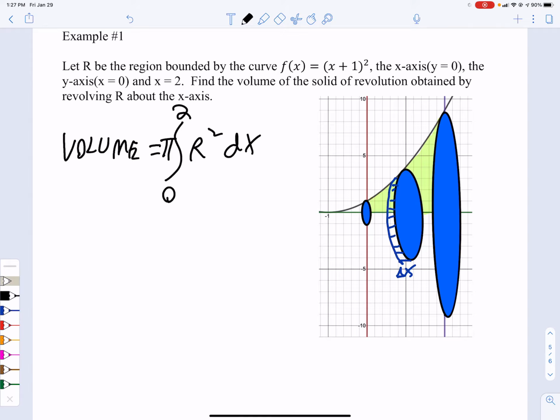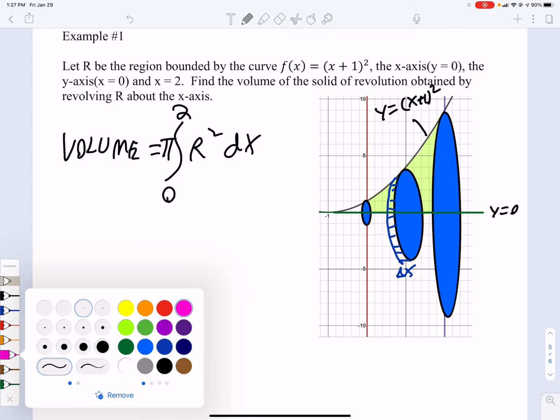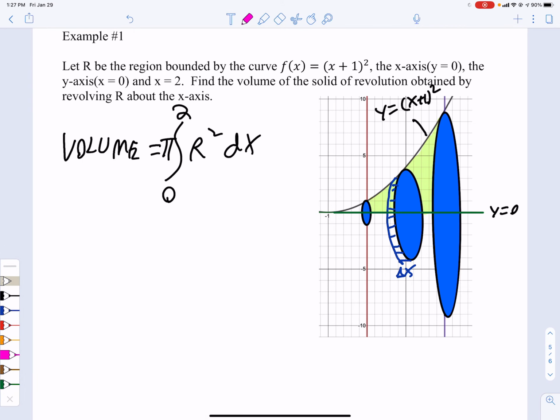And what's the radius? Let me draw the axis in here again. There is the x-axis where y equals 0. This is the graph, y equals x plus 1 squared. And so where is our radius? It always goes from the axis of rotation to the graph.